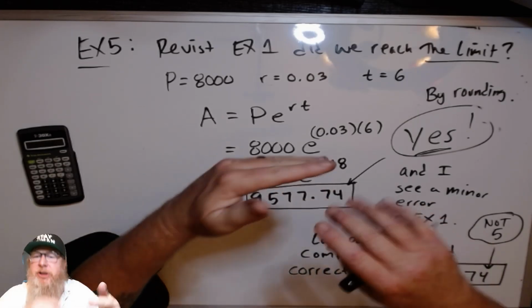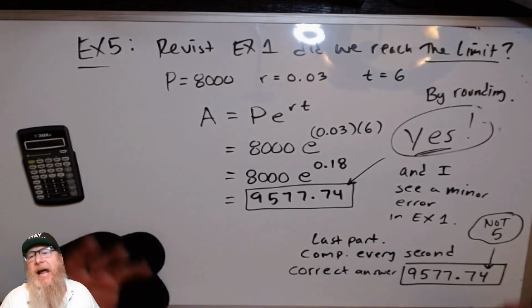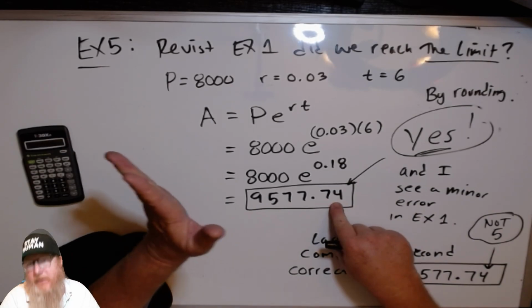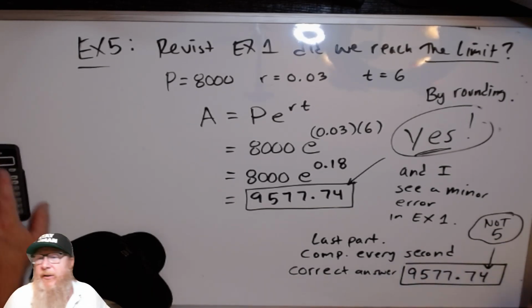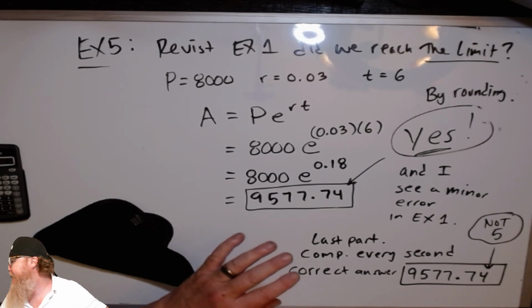So it's like you're chasing this tail, and you never actually hit it. But as soon as you round the values to 74 cents, then you have, in fact, reached your limit.